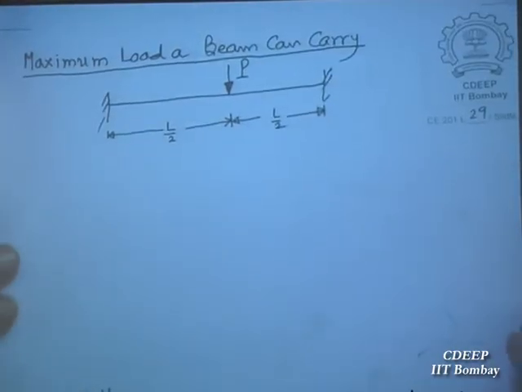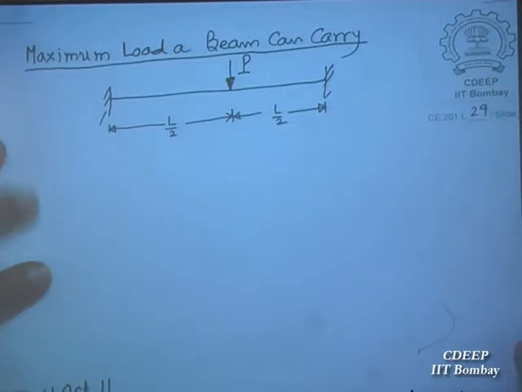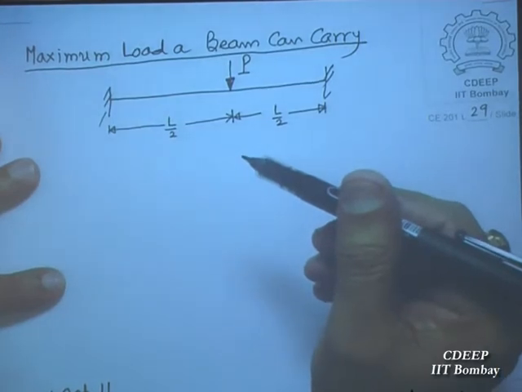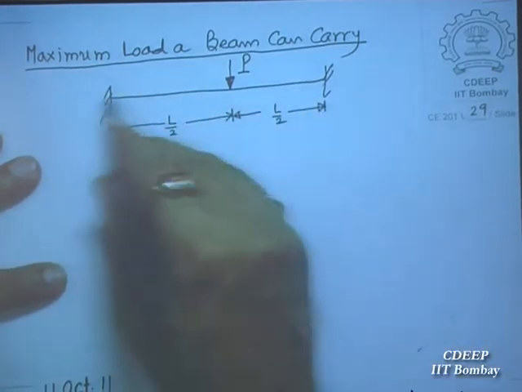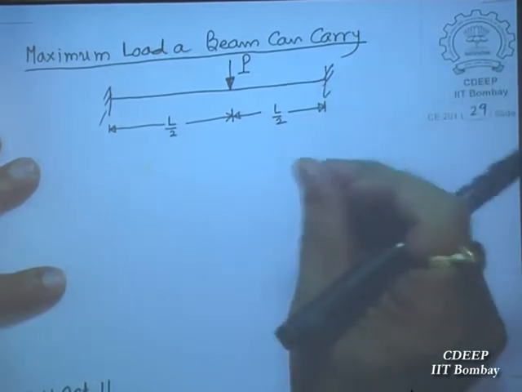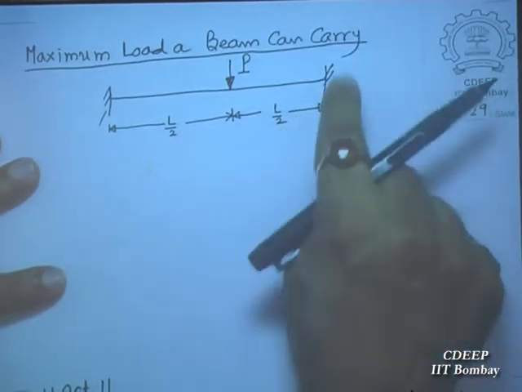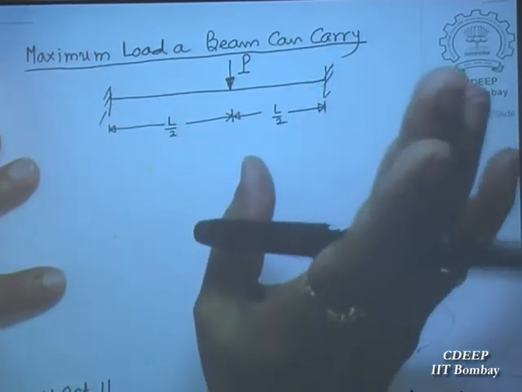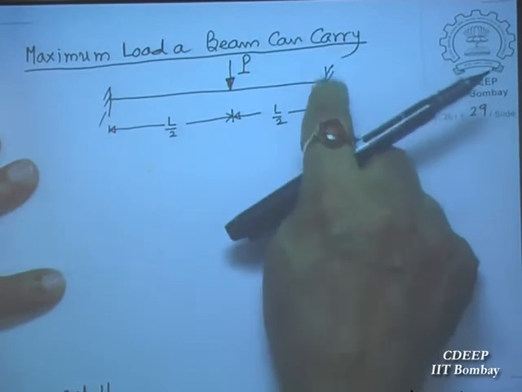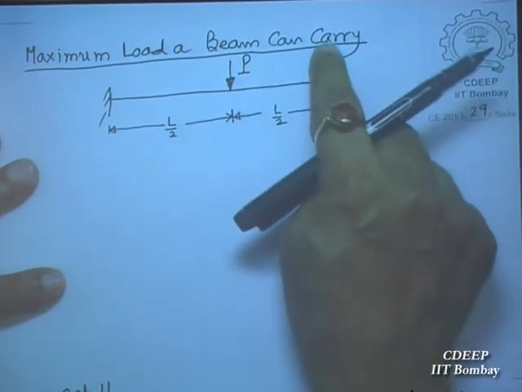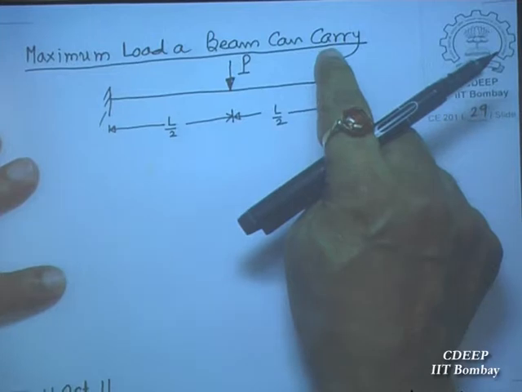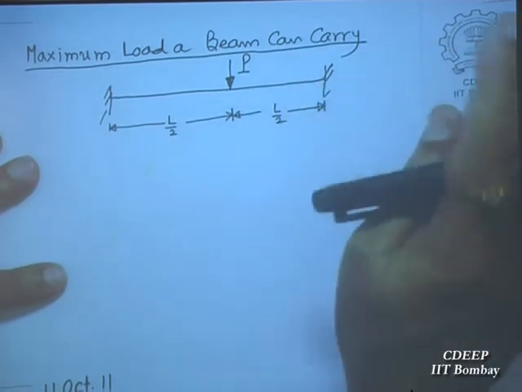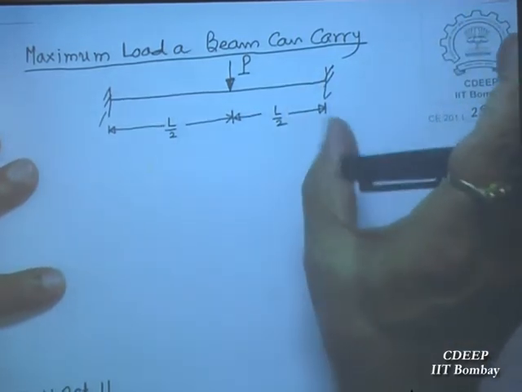You have not done this, but this is an indeterminate problem of degree 2, because if I remove this support, then it is a cantilever. A cantilever is determinate, but then we have put this support. So putting this means there is W; the moment and vertical reaction are the unknowns. Horizontal reaction anyway is not there. So it is indeterminate of degree 2.